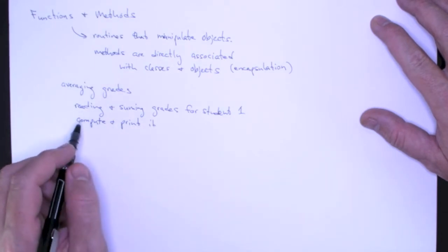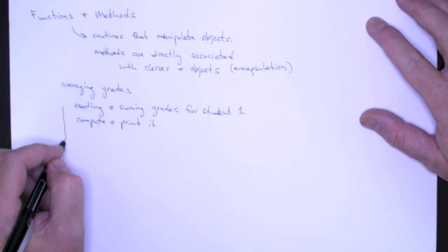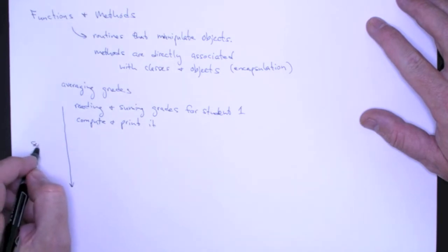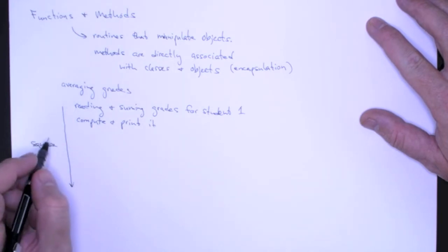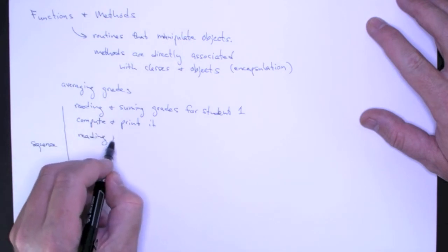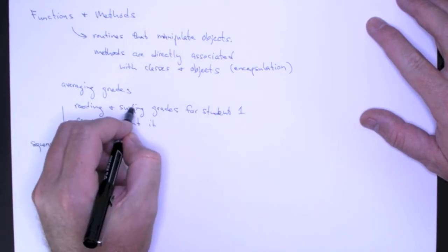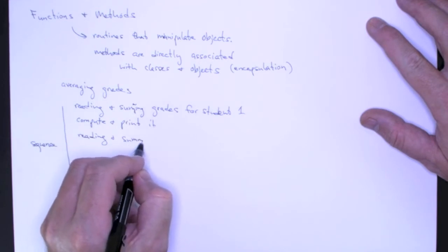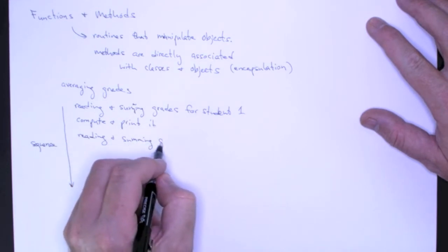So then I have to do exactly the same thing. If I express this as a sequence, what you'll see is that I have to do exactly the same thing for each student in the class.